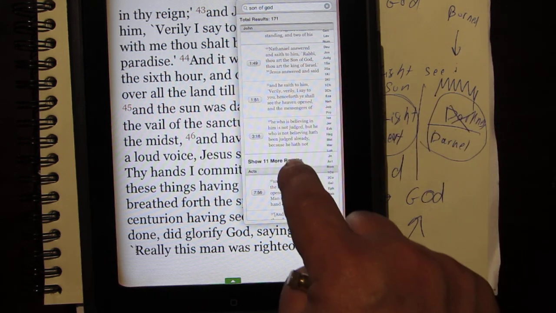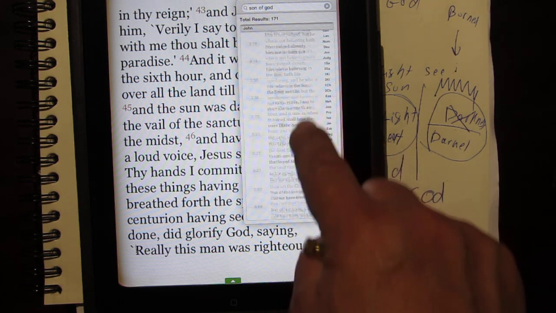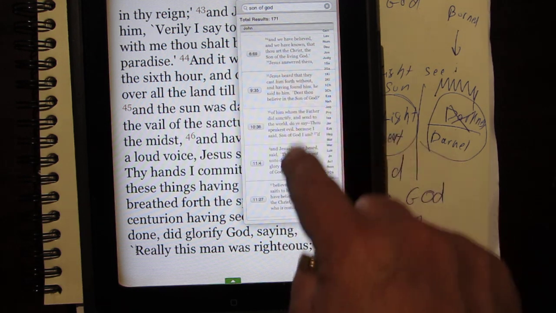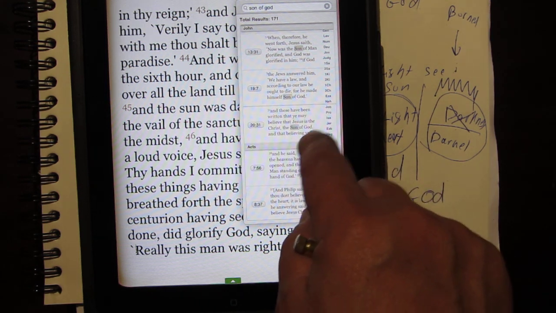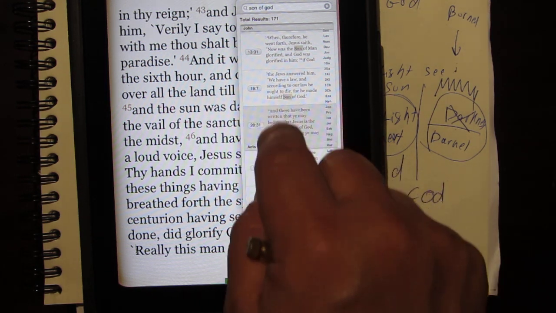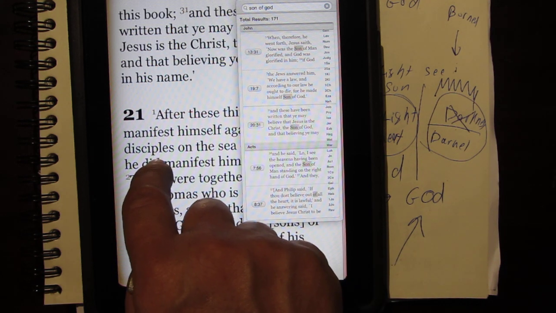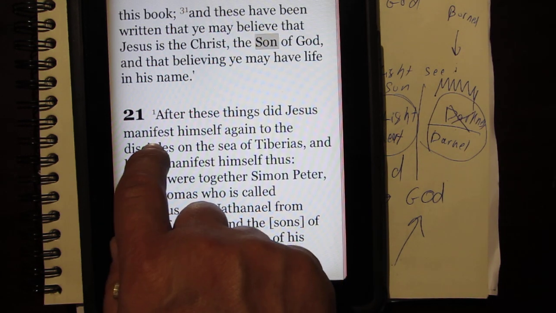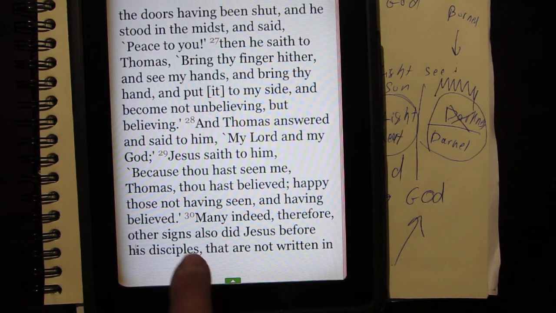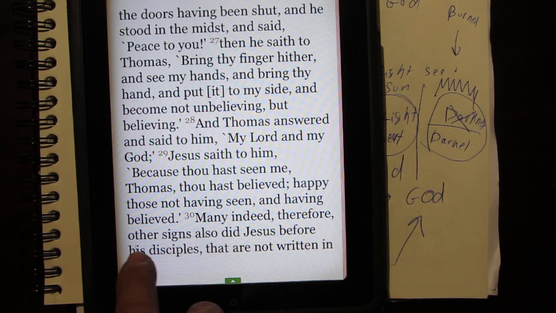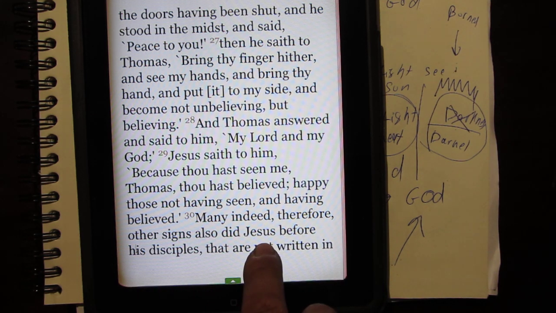Okay, let's go to John, and we are towards the end of John. Let's go to John 20:30. Many indeed, therefore, other signs also did Jesus.